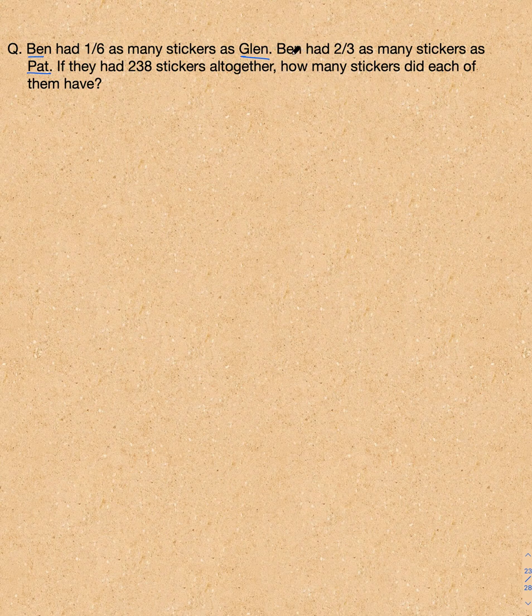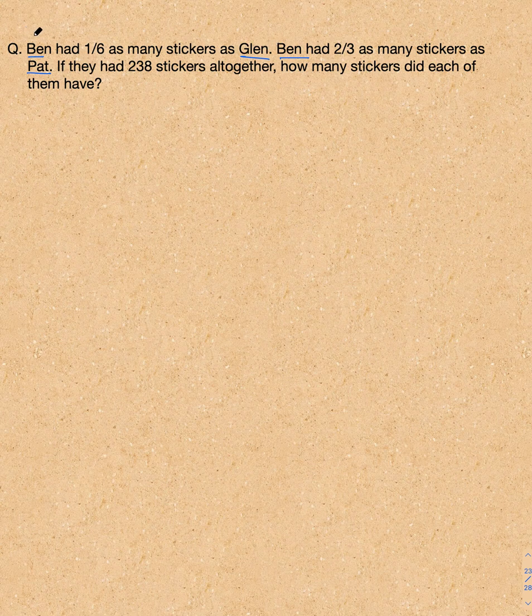If you notice here, Ben is repeated twice. Ben is here because we are saying that Ben had 1 by 6 as many stickers as Glenn. It means Ben is only having 1 by 6th of what Glenn has, right?